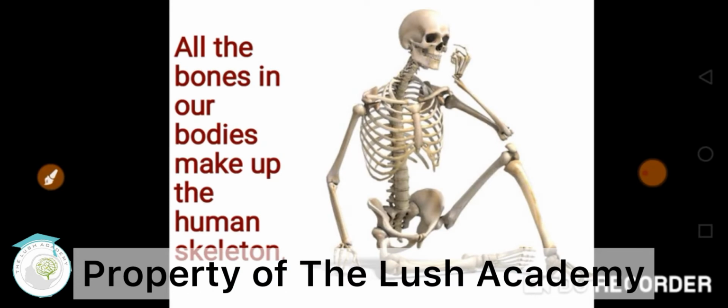Now, all the bones in our bodies make up the human skeleton. You are aware that you have bones in your body, right? Some of them you can feel, either on your knuckles or your forehead. Everybody touch your forehead. Yes, that hard part you're touching is part of your skull.